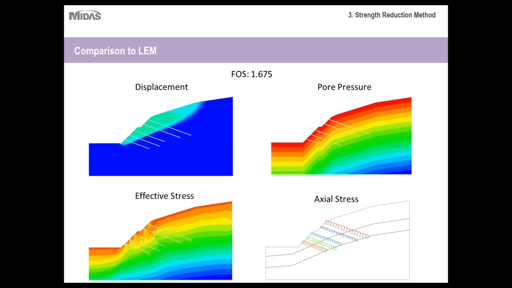Anyway, the main thing to remember is that the strength reduction method is used for higher end analysis, whereas the limit equilibrium method is used when your only concern is the factor of safety. Whereas with the strength reduction method, you get the factor of safety along with several other results that, depending on your project, may be of interest to you.